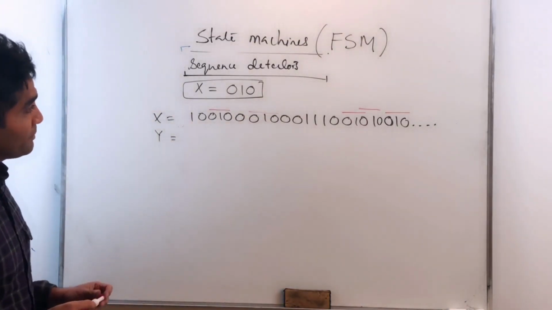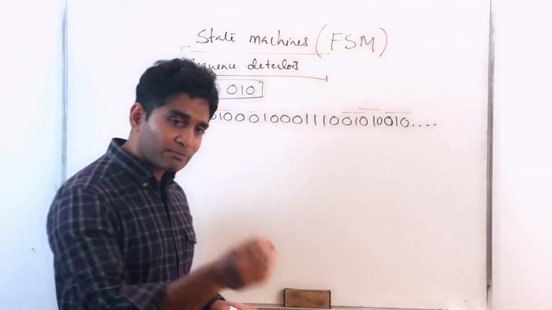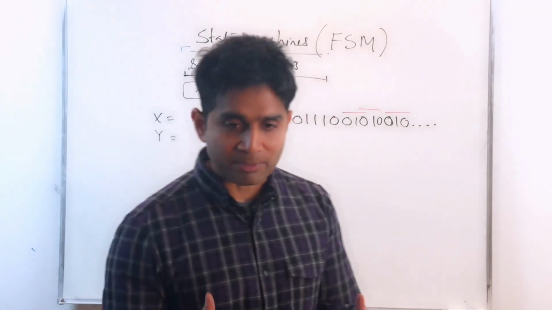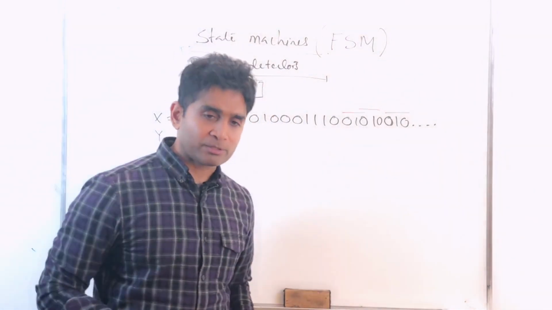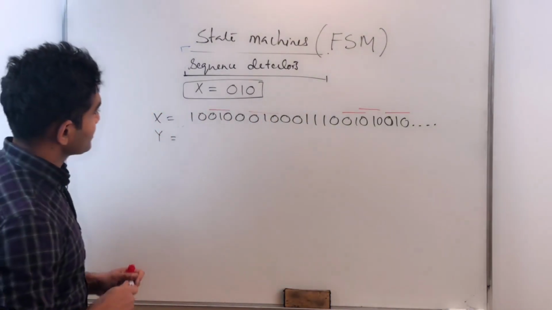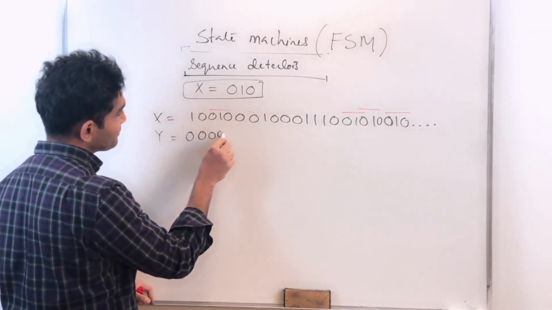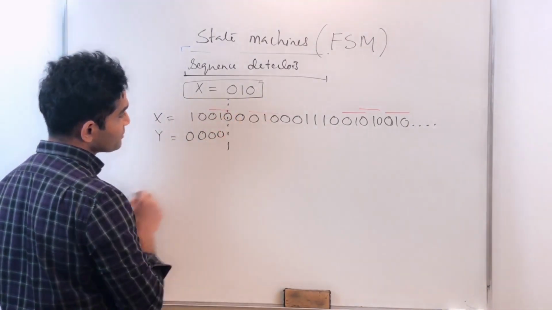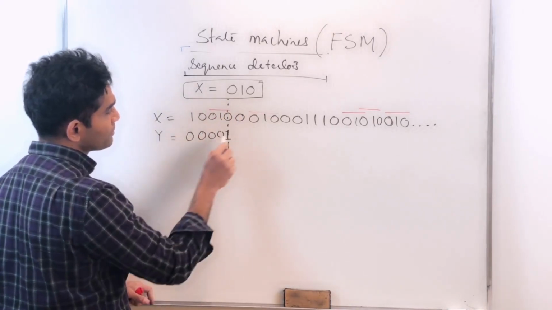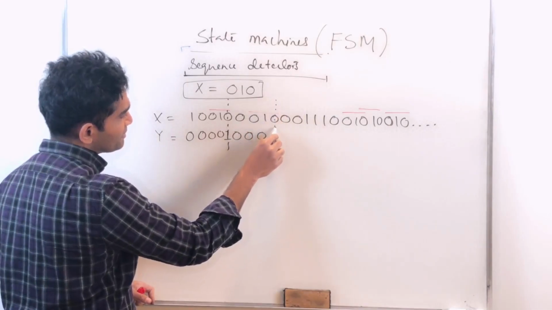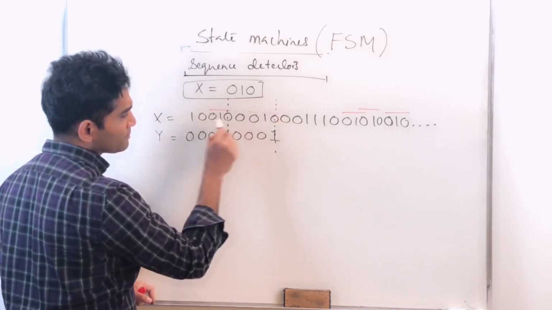So my output should be, every time I identify the sequence, at the end of the sequence, I should output a 1 to signify that my circuit has identified that particular sequence. All right. So every time I identify a sequence, I've identified a sequence here. At this instance, I output a 1. Again, 0, 0, 0. I've identified a sequence at this instance, I output a 1.